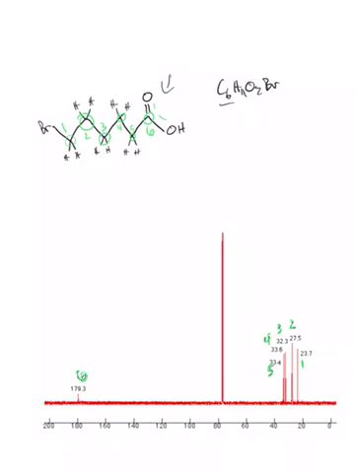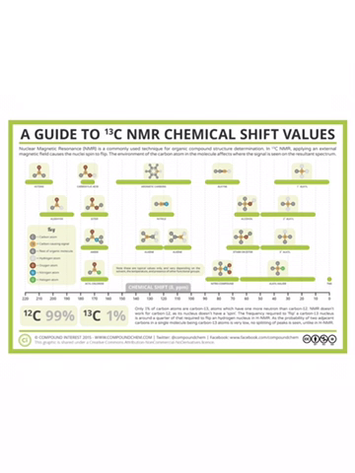So we will say that this carbon will be shifted downfield the furthest because it is attached to those electronegative oxygens. And this here is a guide to carbon-13 NMR chemical shift values to help you understand where the carbon environments are on the peaks that are shown and help you relate them to your structure.